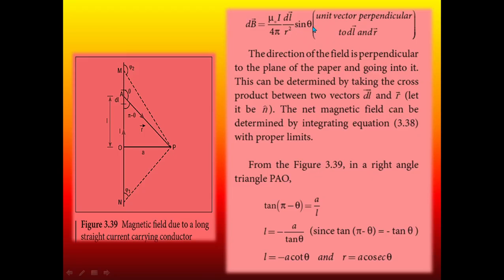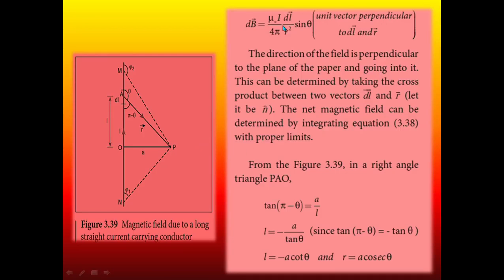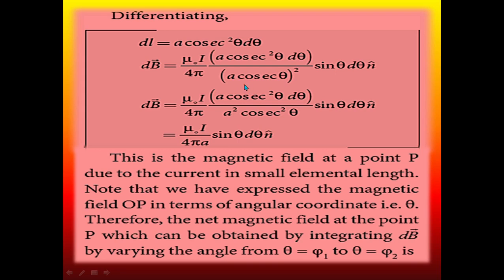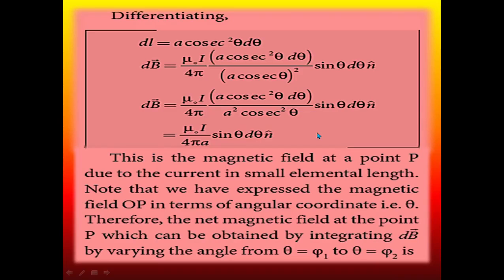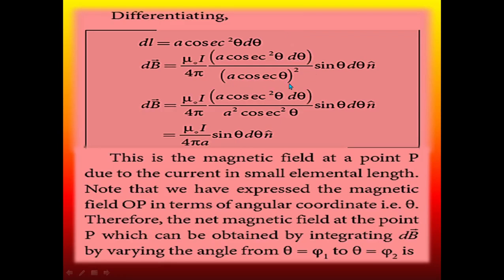How does the term r square become A cosecant theta the whole square? Because r is equal to A cosecant theta. That is why we substitute the value of r as A cosecant theta in the square term.